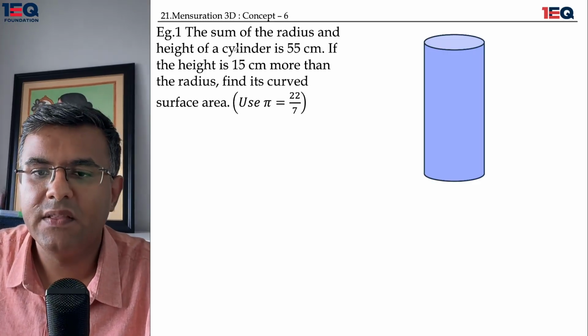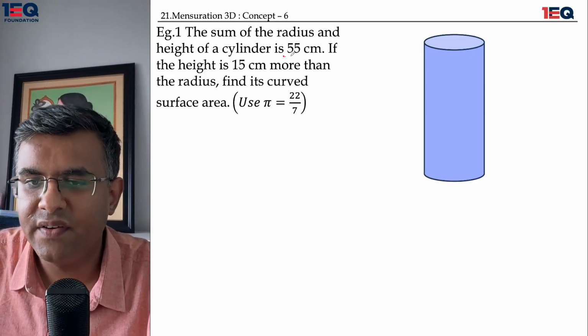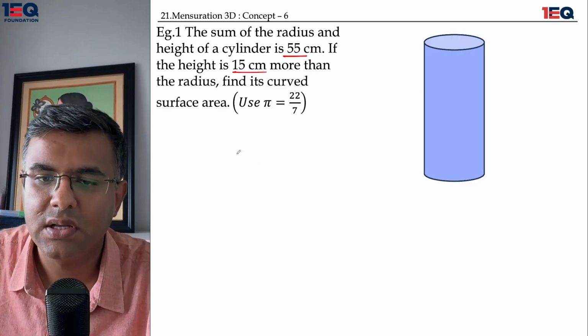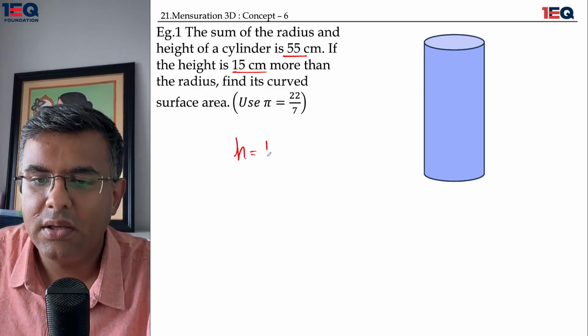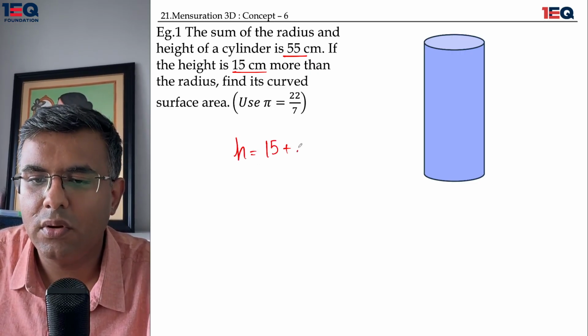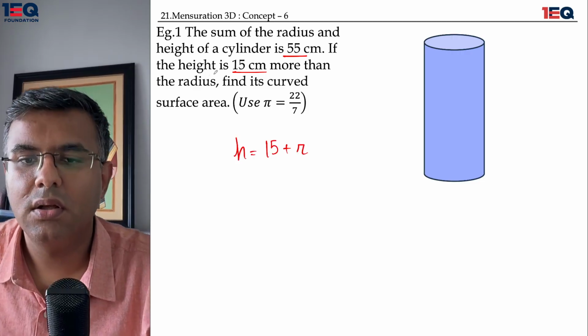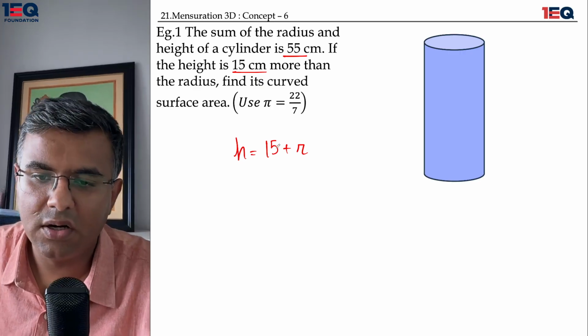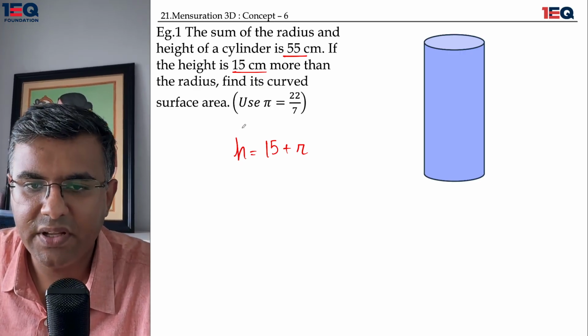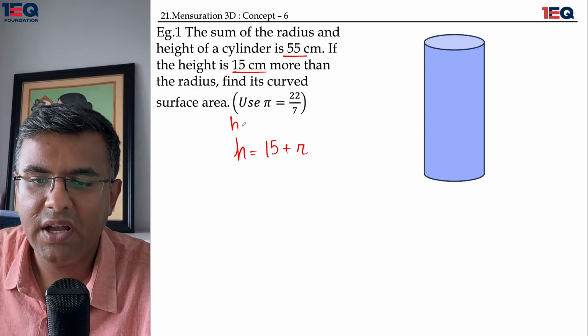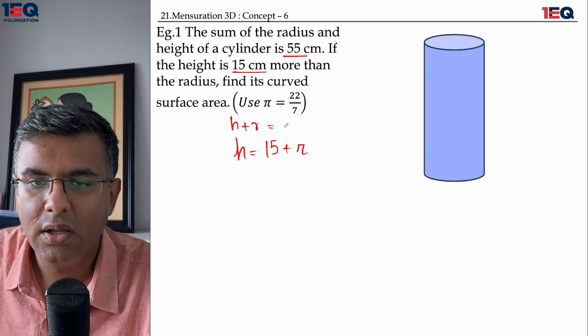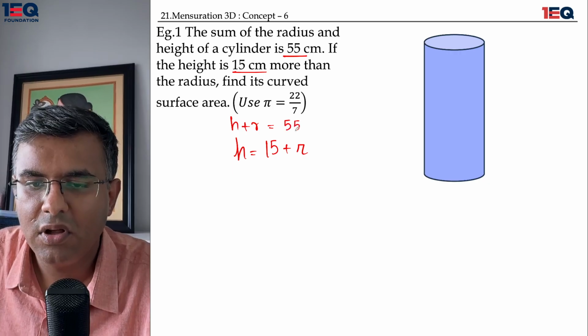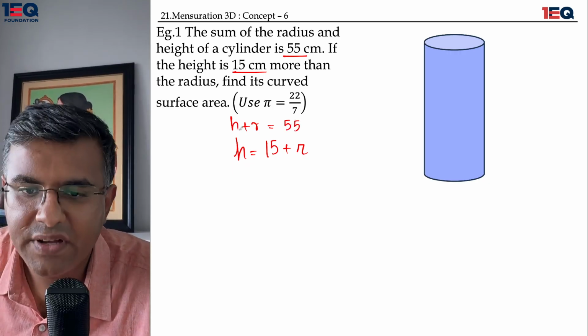Now, the sum of the radius and the height of a cylinder is 55. The height is 15 more than the radius. Find the curved surface area. We have r plus 15 equal to h. We also have h plus r equal to 55. We can use this value of h above.